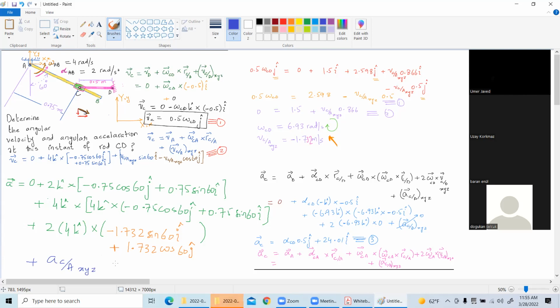It will be positive sine 60 I minus cosine 60 J. I will put a bracket, and for my own sanity I will put a remark that I have assumed it in this direction, because in an exam setting you will yourself forget. This is the assumption that I have made today.